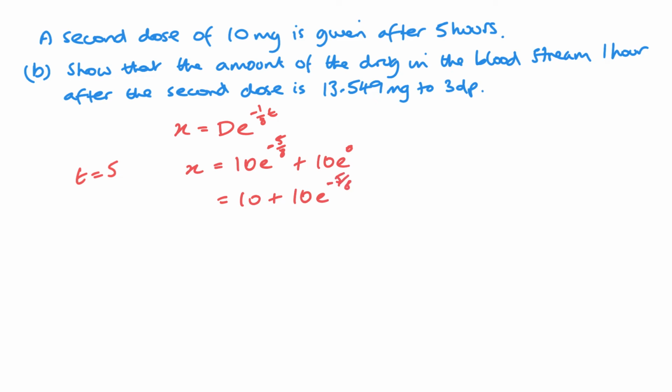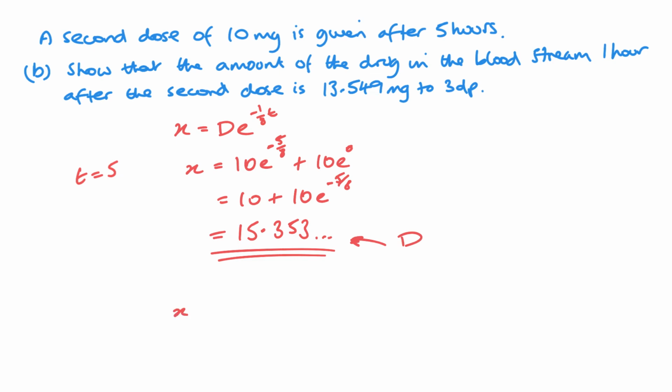So this is what's happening after 5 hours, and I get that the dose at this point is 15.353 to 3 decimal places. Then what I can do is use this as my value of D.